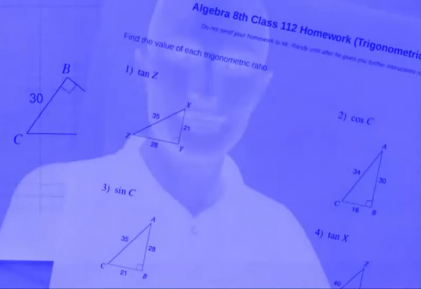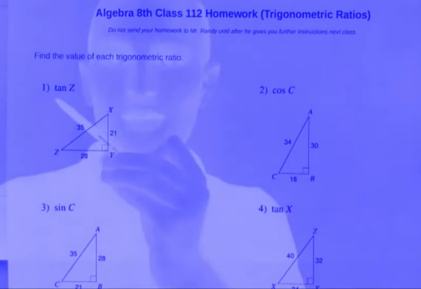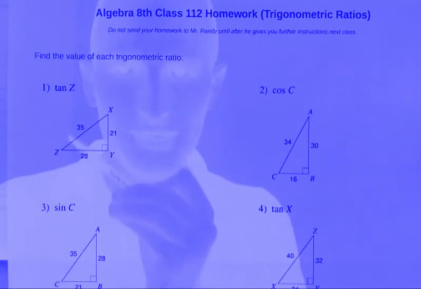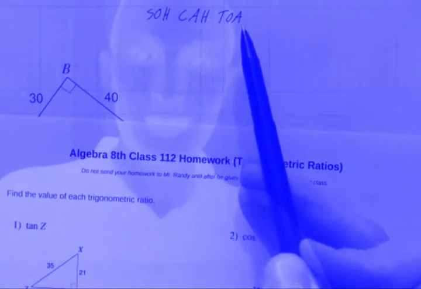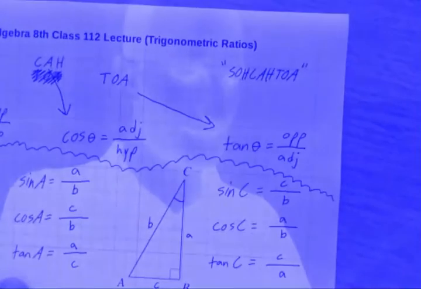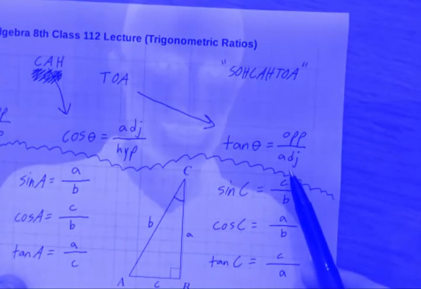Cool. Now, on your homework, they're going to give you, for example, something like, find the tangent of z, right? So tangent we know is opposite over adjacent.